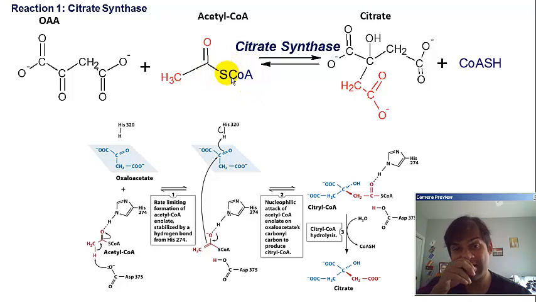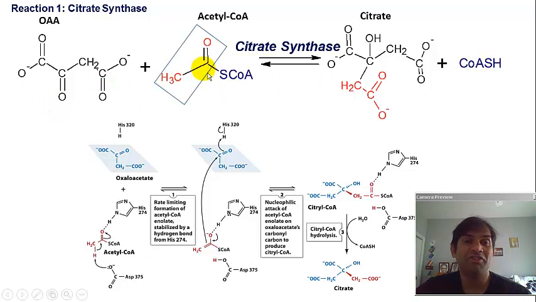In the next slide, you'll see a structure of coenzyme A. Usually we just abbreviate it in this manner to avoid its complicated structure. So the coenzyme A is a good leaving group, and that's going to come off as CoASH and get recycled back. So in this reaction, these two carbons, the CH3 and the C double bond O, essentially go to one of the carbons in oxaloacetate to give you the 6-carbon molecule citrate.